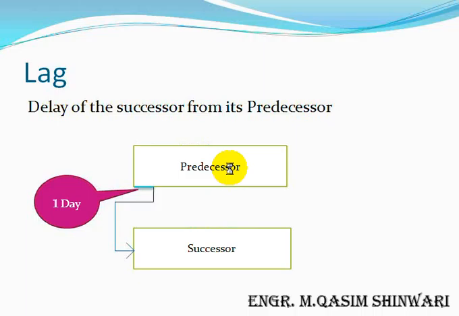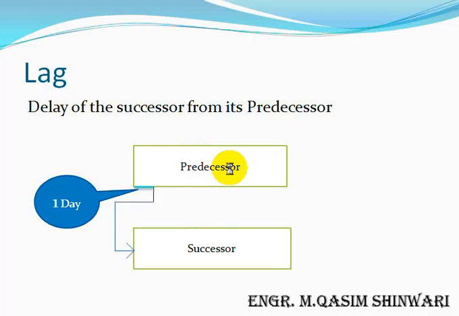If we give this kind of lag which is shown here and highlighted, it is known as positive lag. For example, this will be entered as +1 or simply 1. So it will give the duration of lag as 1 day.